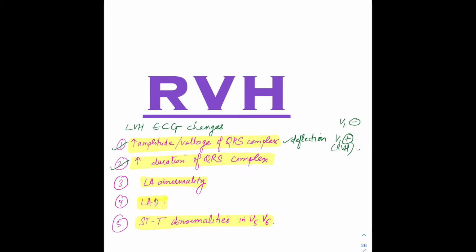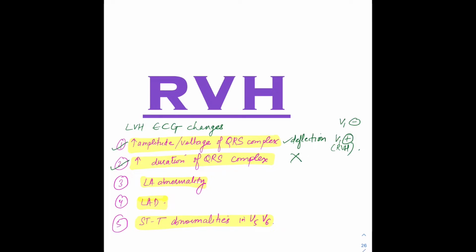In case of right ventricular hypertrophy, we do not have increased duration of the QRS complex. So what's the reason behind that? The reason is that the left ventricle is still thicker than the right ventricle in case of right ventricular hypertrophy in most of the cases. By that I mean to say that even though a patient is having right ventricular hypertrophy, the thickness of the right ventricle has not reached that of the left ventricle.